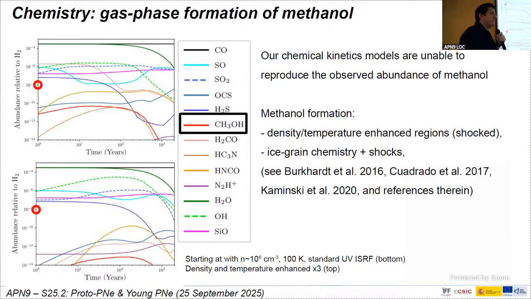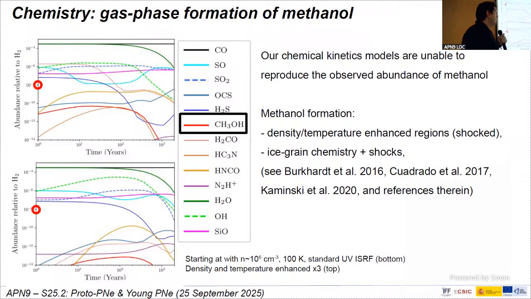But there is another path which is also more common in these clouds because they have ices in the grains. We know the conditions are not the same in evolved stars, but I think it's something also to be explored. In this case, the presence of shocks could extract some material from the dust grains or from the ices to the gas phase, and then provide more elements for the reactions and produce this methanol.